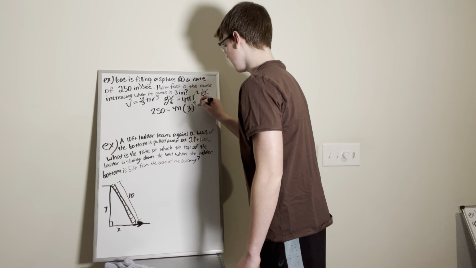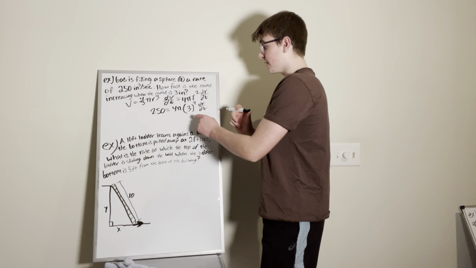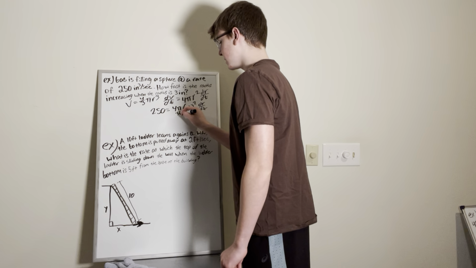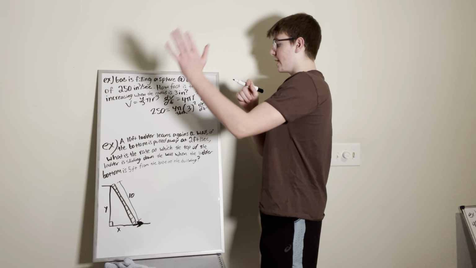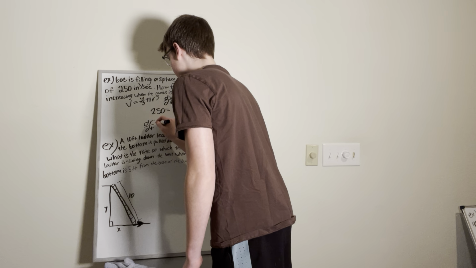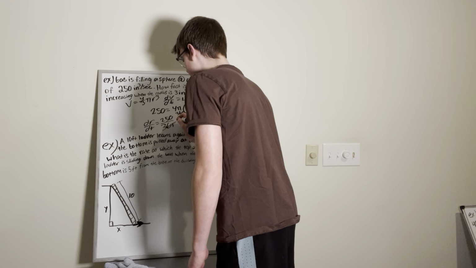I'll simplify: 9 times 4 is 36, so that's 36 pi. To solve for dr over dt, I divide by 36 pi on both sides, so dr over dt equals 250 divided by 36 pi.